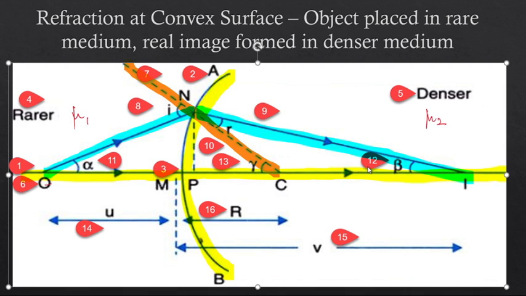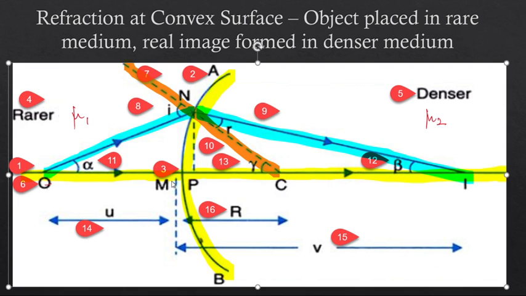Do you understand? Then let us go ahead with the next one. The normal subtends an angle gamma with the principal axis, that is point number 13.